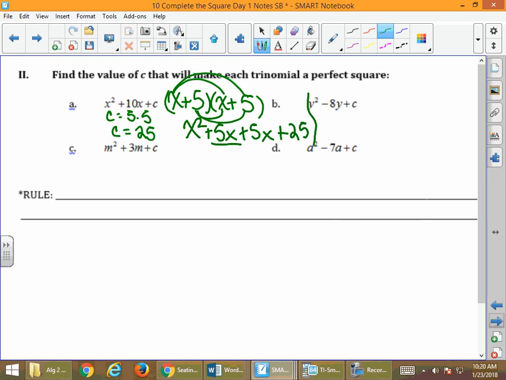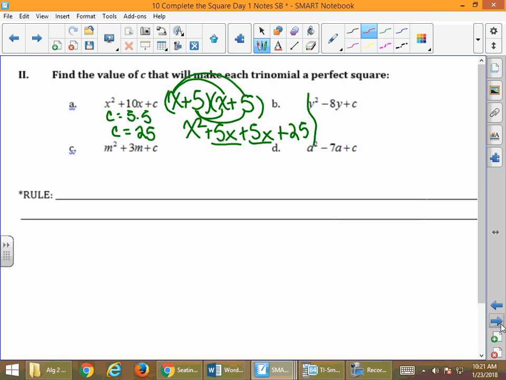And notice that 5x and 5x will give us 10x. And then the 5 times 5 in this last term is where we get that 25. And we'll be working with that in our complete notes today. So I think we'll be able to get you to understand that if you don't understand it yet.